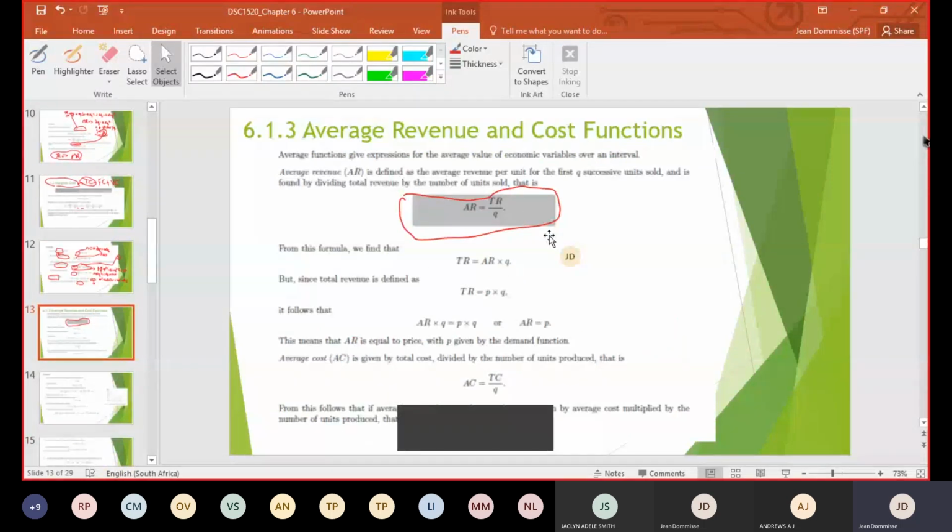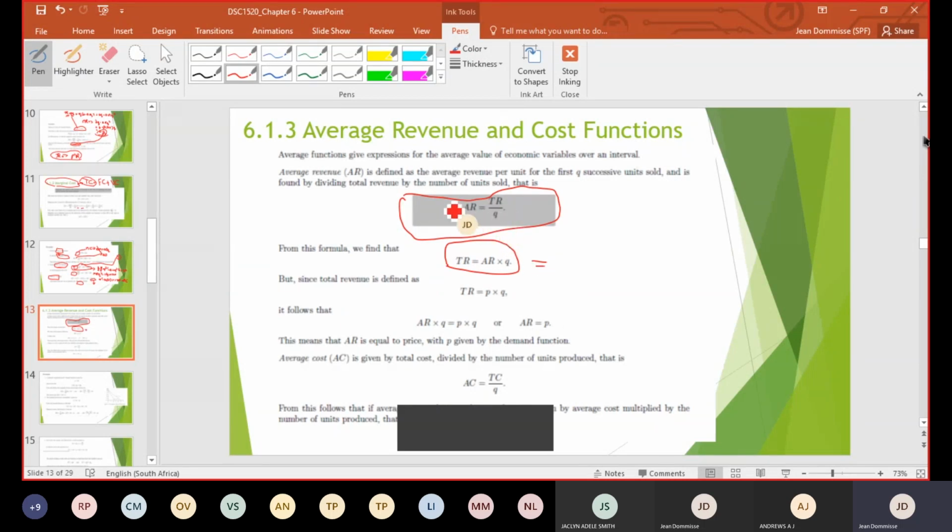But let's see if there are any different ones in between. Now you can see they just give you total revenue, which can also be classified differently.